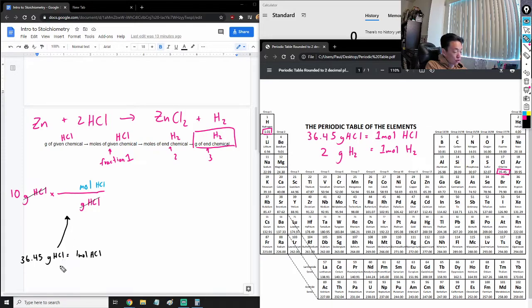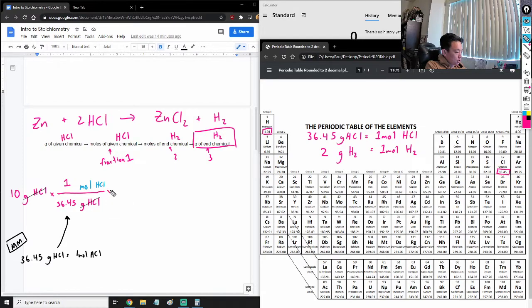For the first fraction, we get the numbers from the molar mass. So what number is next to grams of HCl? It's 36.45, so we're going to put 36.45 on the bottom. What number is next to moles of HCl? It's 1, so we're just going to put 1 on the top. And like we said, the grams of HCl cancel out with each other.